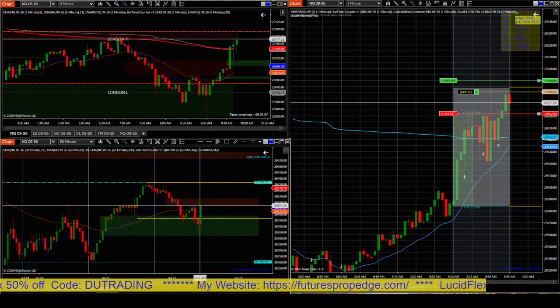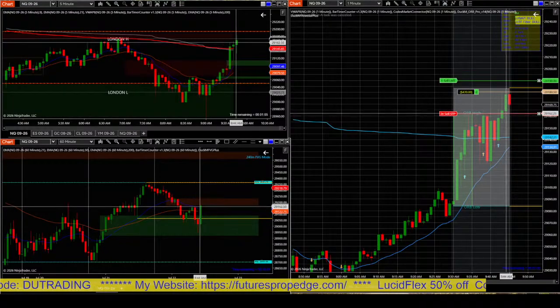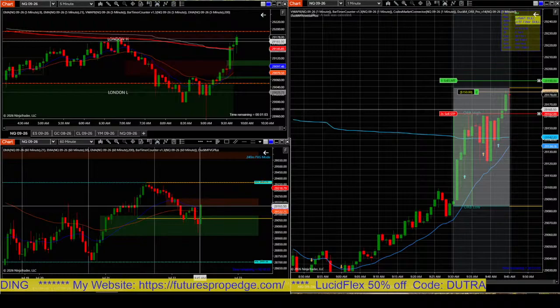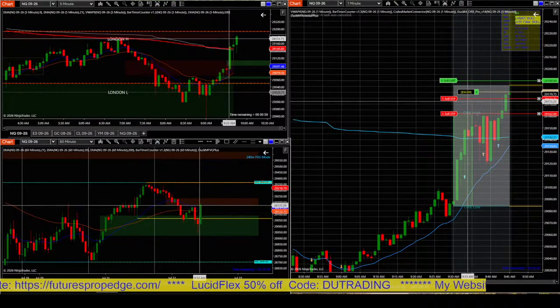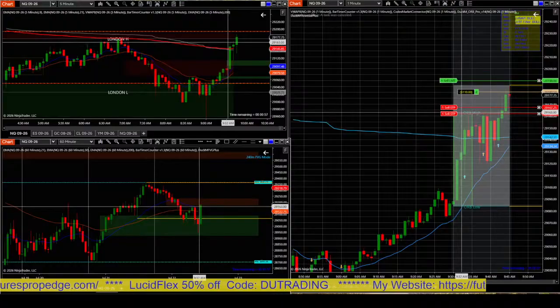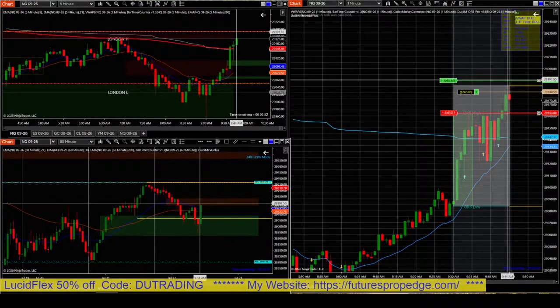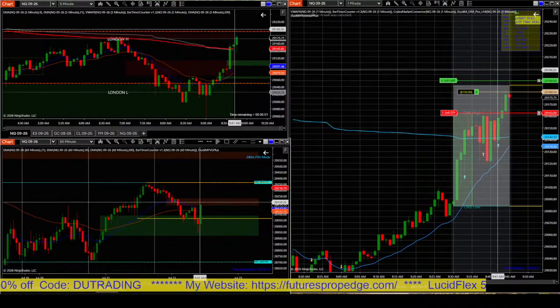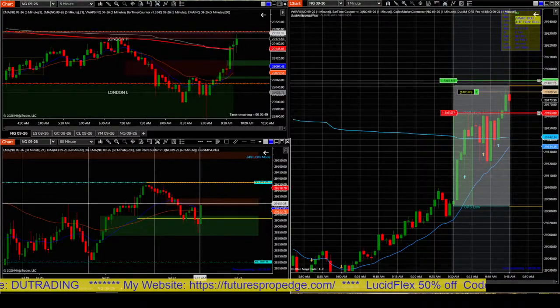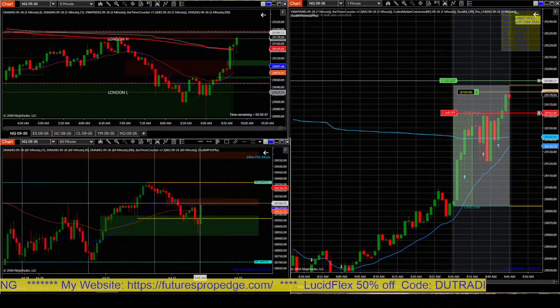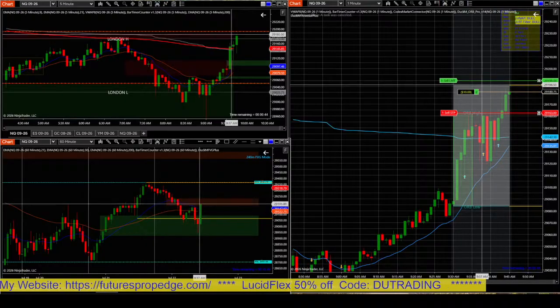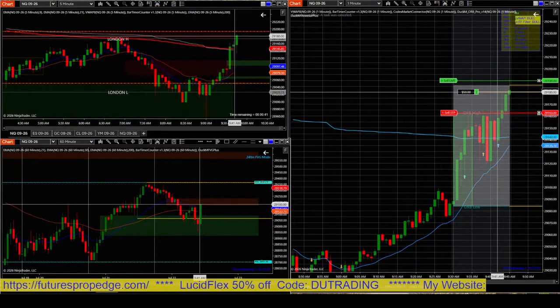But because we enter late in this trade, I'm not 100% sure that we're going to hit our target. The real target for the trade is really the 200 area up there, but the first target we'll try to catch is 190. You can see price is really trying to get there.